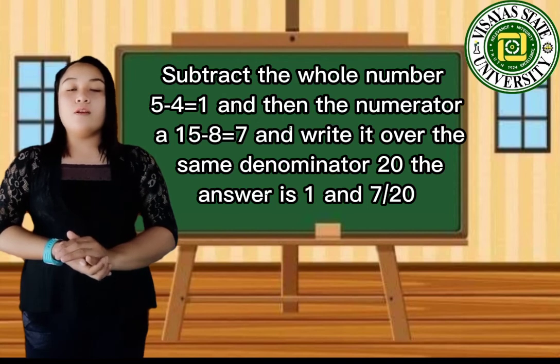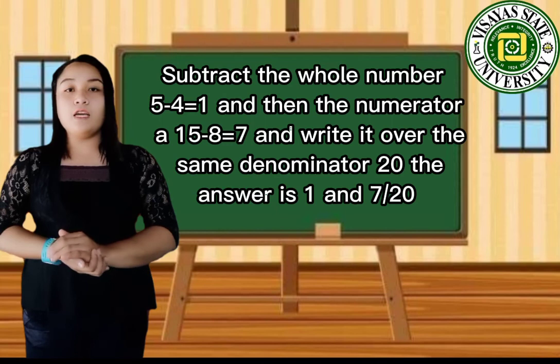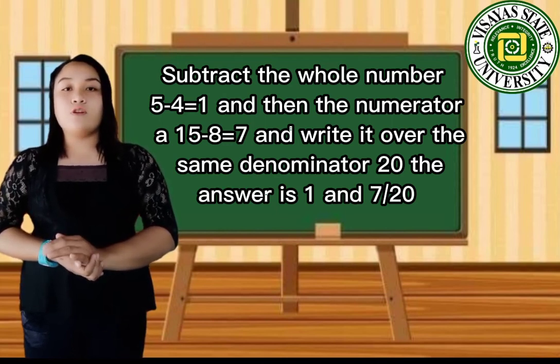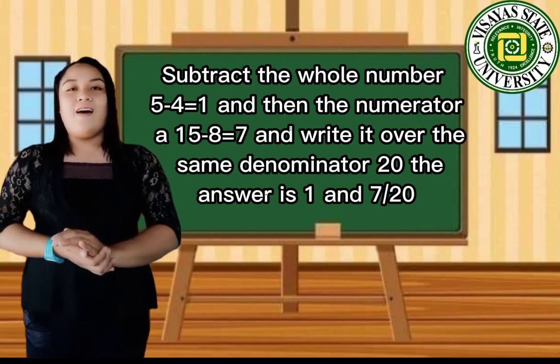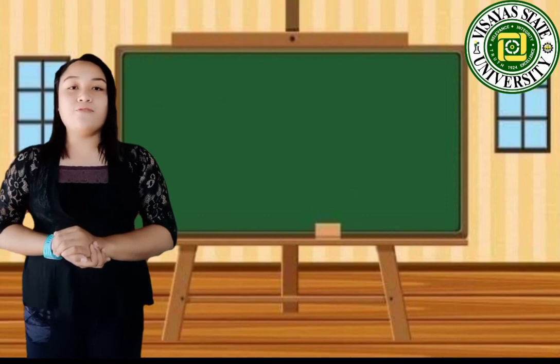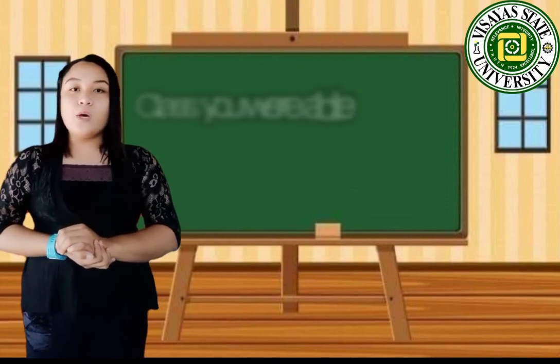Very good. Subtract the whole numbers: 5 minus 4 equals 1, and then the numerators: 15 minus 8 equals 7, and write it over the same denominator, 20, and the answer is 1 and 7/20.